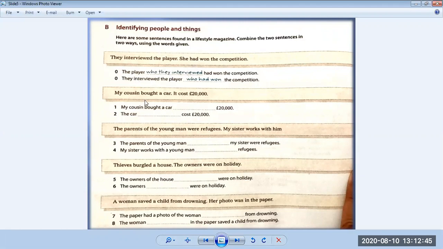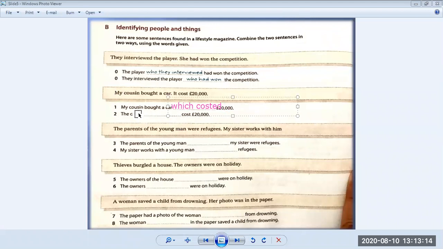So here, my cousin bought a car. It cost £20,000. My cousin bought a car which cost 20,000 pounds.